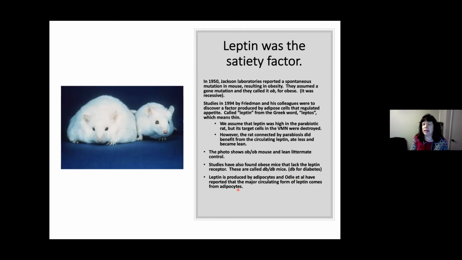She knocked it out in adipocytes, and she also knocked it out in pituitary somatotropes. The cool thing is that when she knocked it out in adipocytes, there was virtually no circulating leptin, absolutely none. We were thinking maybe some of it would come from other cell types, but it doesn't. The major circulating form of leptin comes from adipocytes, and that discovery was made by Angela.